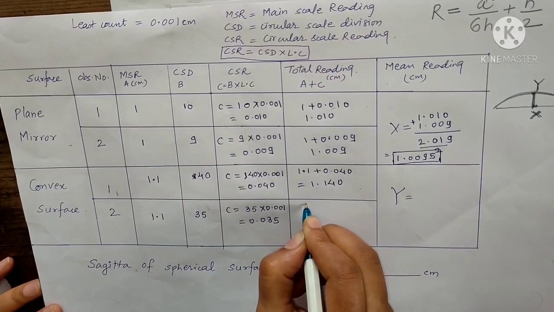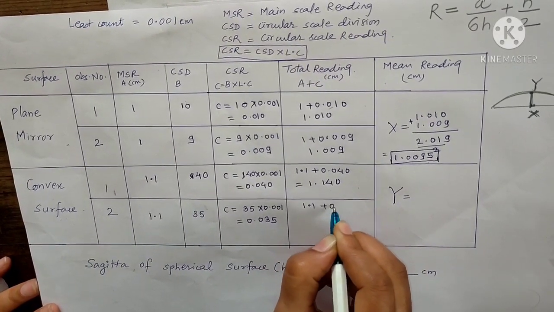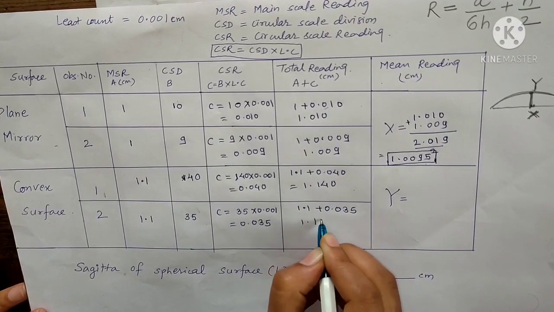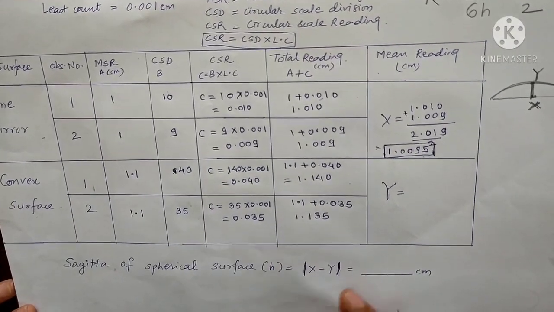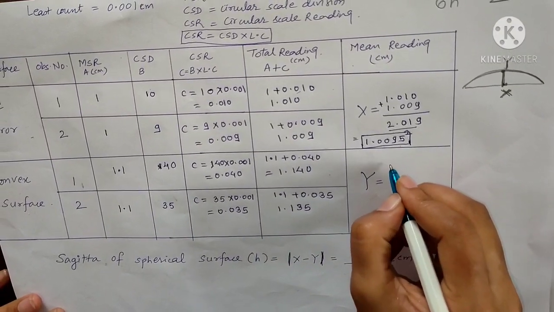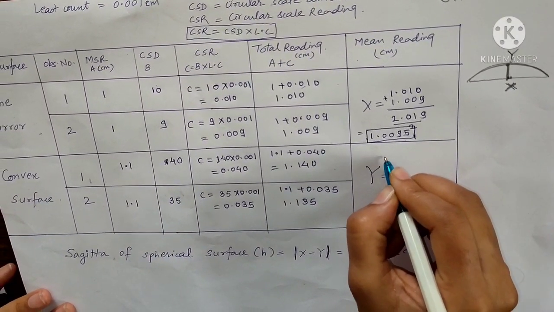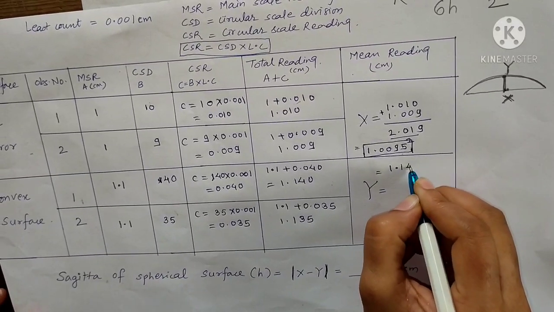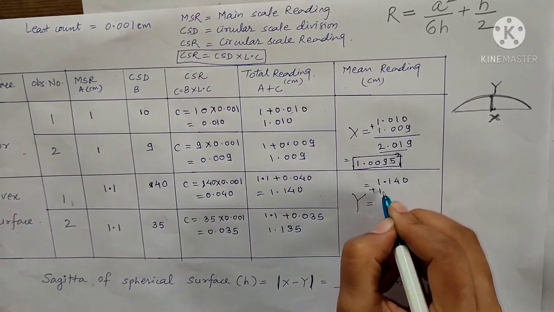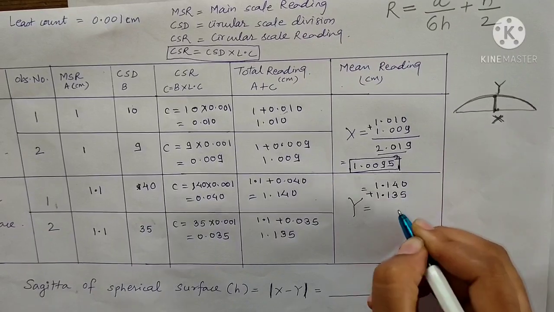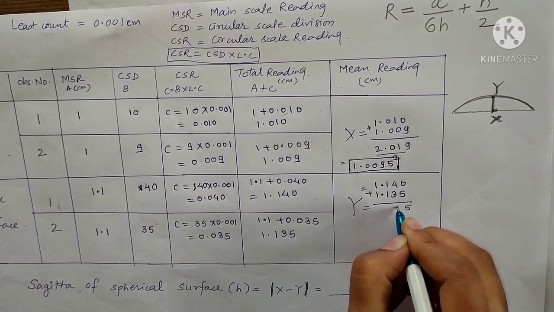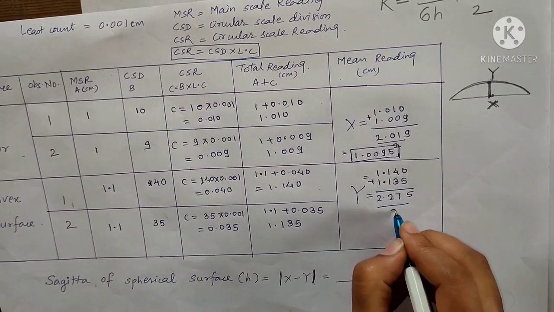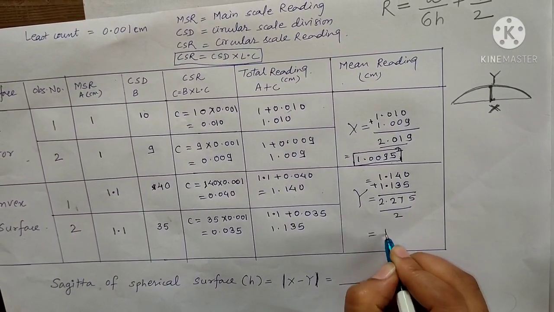So the total is 1.1 plus 0.035, which is equal to 1.135. Okay. Again we'll have to find the average or mean of both the observations. So add both the observations and divide by the number of observations, that is 2. When you divide this by 2, you get y as equal to.